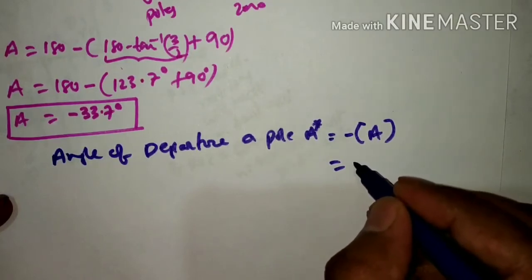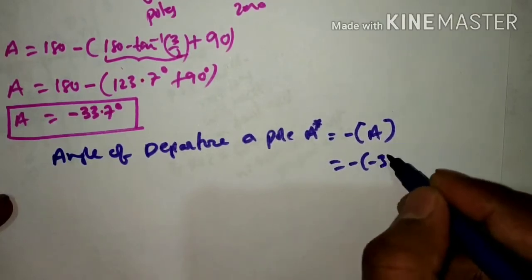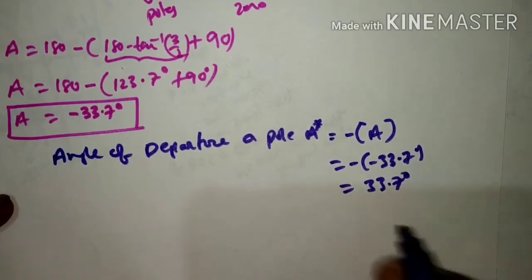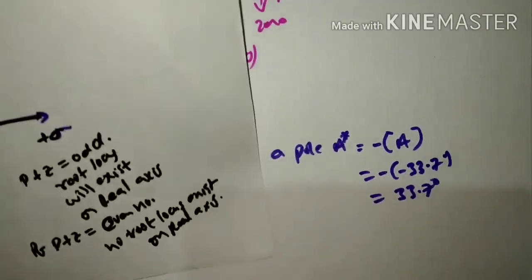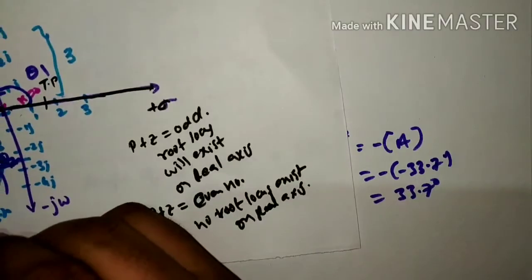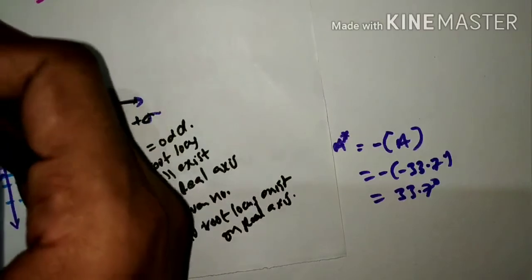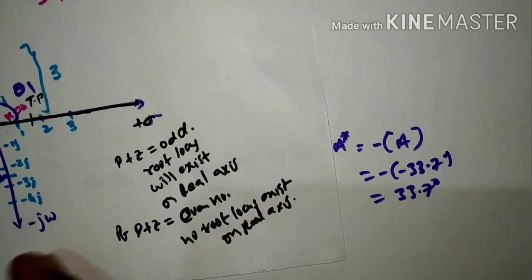We just put minus 33.7 degrees, so it becomes 33.7 degrees. This is 33.7, this is minus 33.7, at this angle the poles are departing.